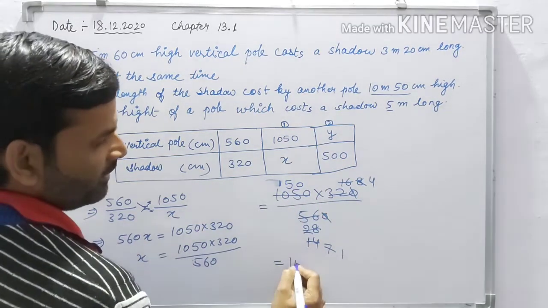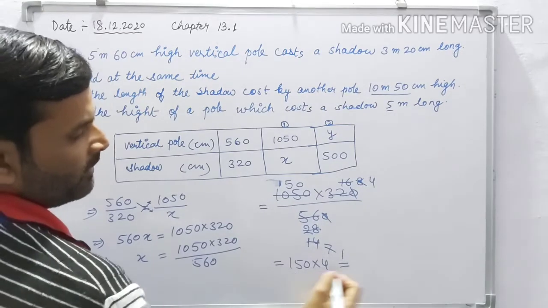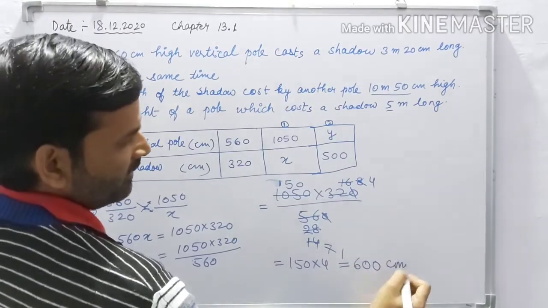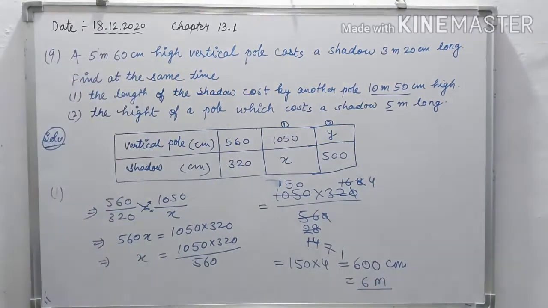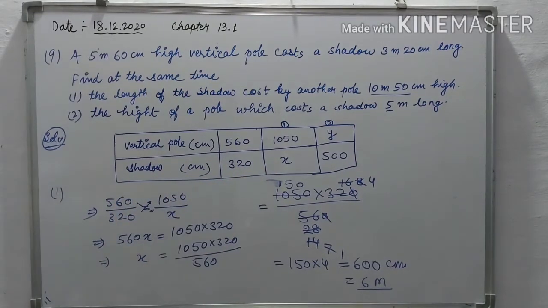It means 150 into 4. 150 into 4 is 600. It means 600 centimeter, which means 6 meter. 6 meter is the length of the shadow.